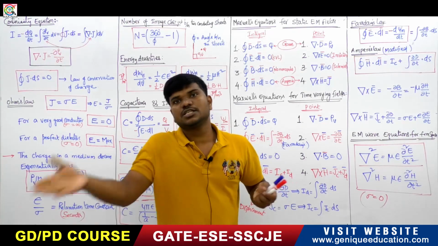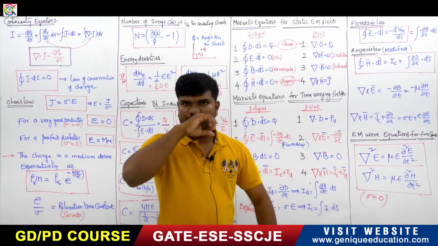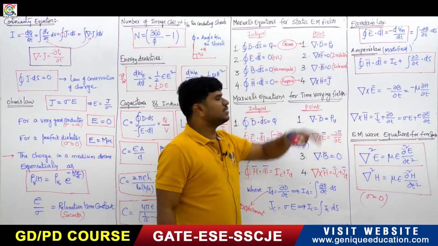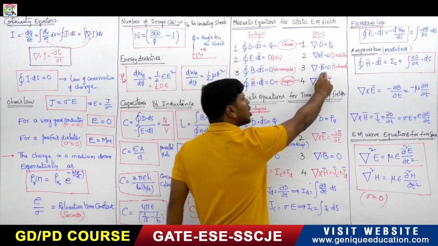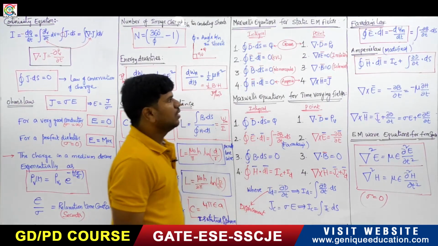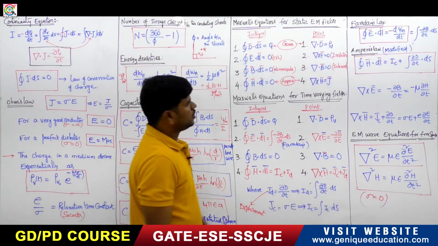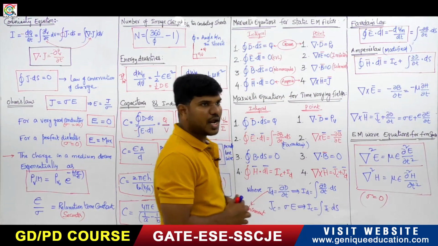Fields which are circulating or curling in nature won't have divergence. So that's why del dot B is equal to 0. The divergence of the magnetic field is 0, and this is represented by solenoids.